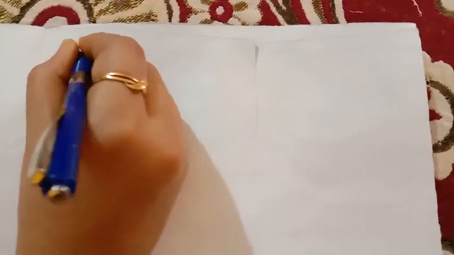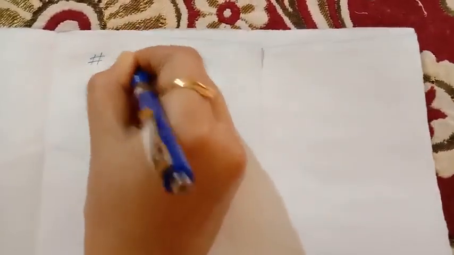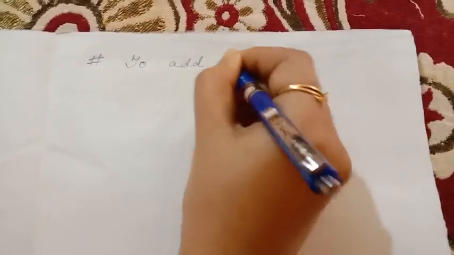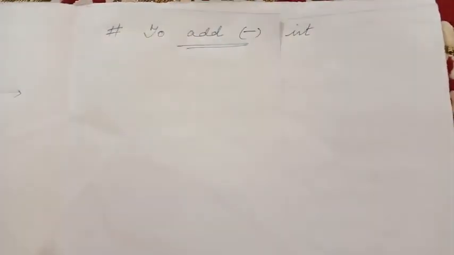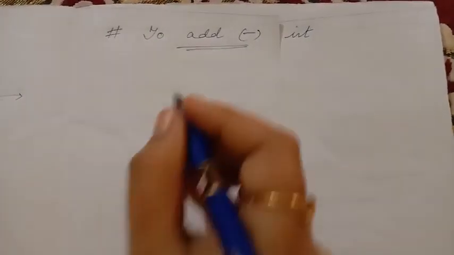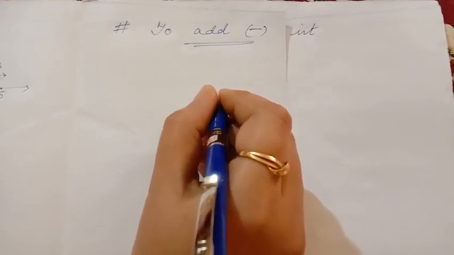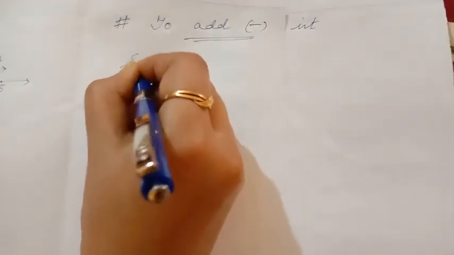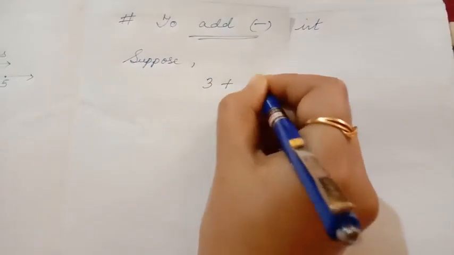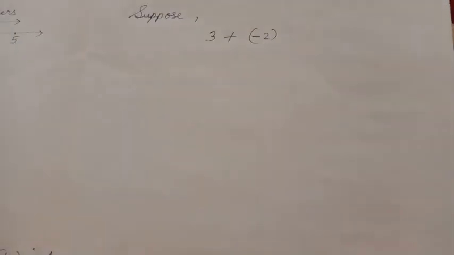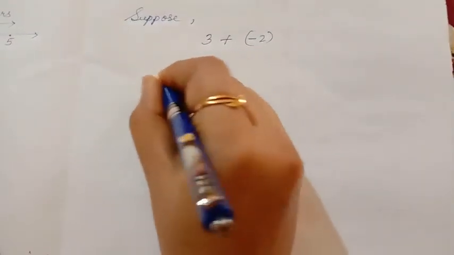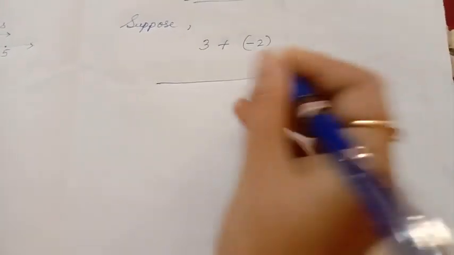Next, we will discuss how to add negative integers. For that, you have to move to the left on the number line. So suppose 3 plus minus 2. For that also we have to draw the number line.